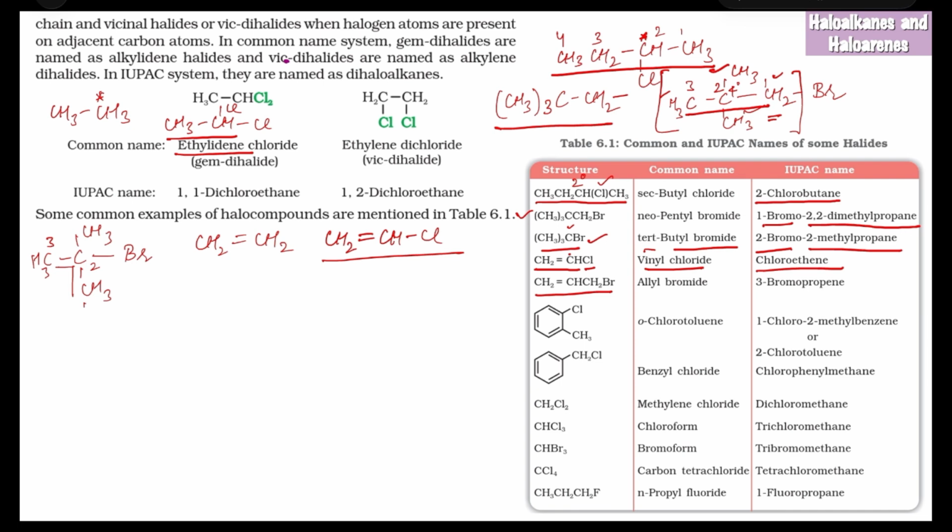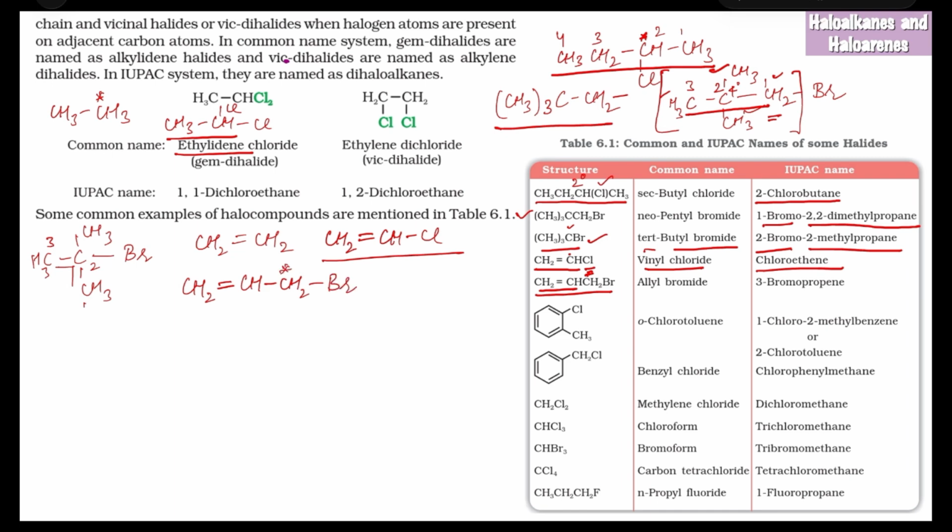Next is allyl bromide. Here bromine is bonded to a sp3 hybrid carbon, which is adjacent to a carbon which has a double bond with the other carbon. So this is allyl group and the common name is allyl bromide. The structure can be written as CH2 double bond CH CH2 Br.